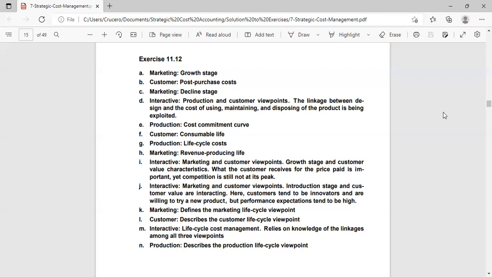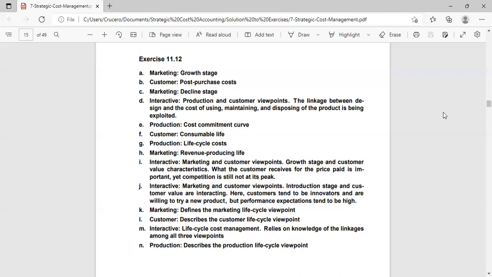So in letter K, marketing defines the marketing life cycle viewpoint. And the letter L, the concern is with product performance and price. So letter L, customer, describes the customer life cycle viewpoint. Letter M, actions taken so that life cycle profits are maximized.